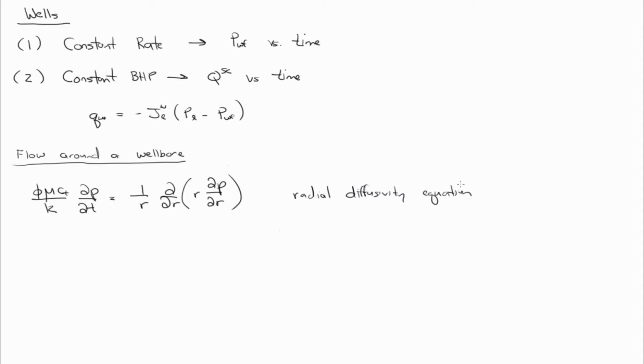To give you some context of why we're trying to do this: normally in a grid block, and the grid blocks can be vast, in a real reservoir our grid blocks might be on the size of tens to hundreds of meters, and then you have an 8-inch wellbore in the center of it, set at some pressure that can be very different than the reservoir pressure.